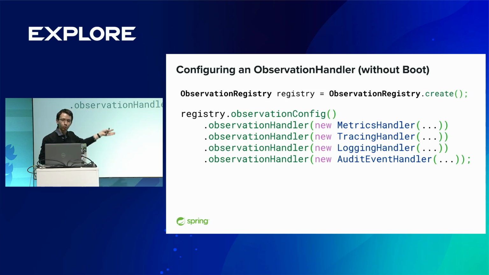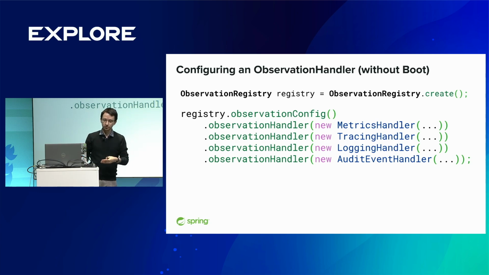You can implement your own custom logging that will emit log events for certain events that happened in your application. You can also write certain events into an audit database from this observation data.